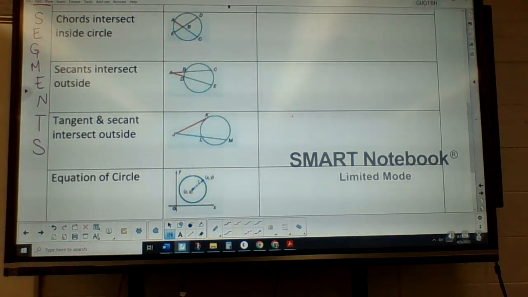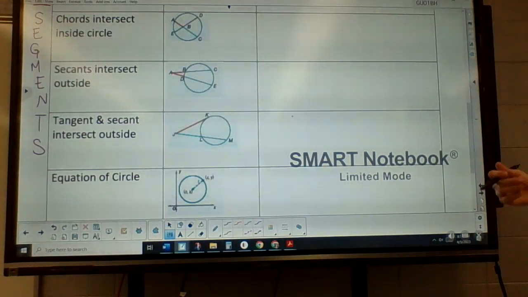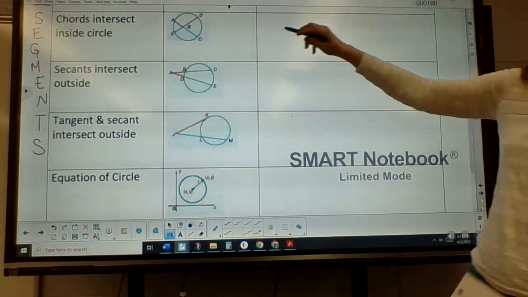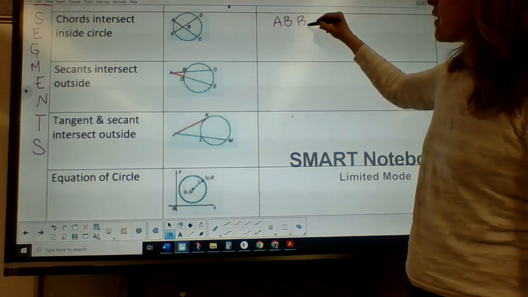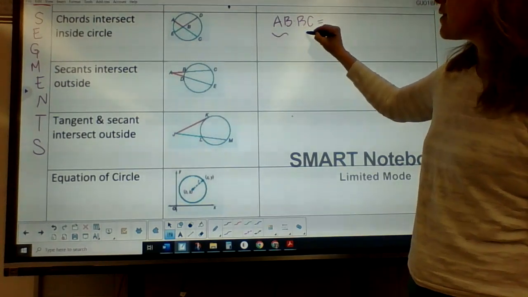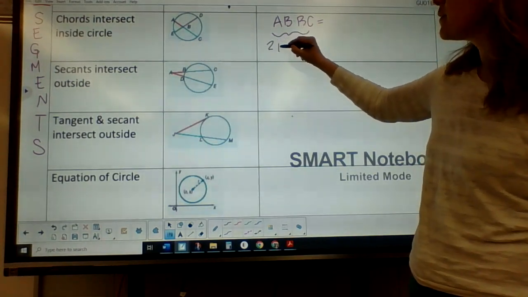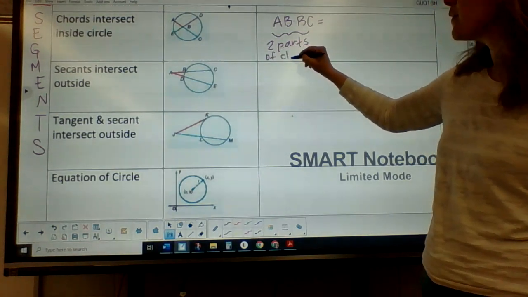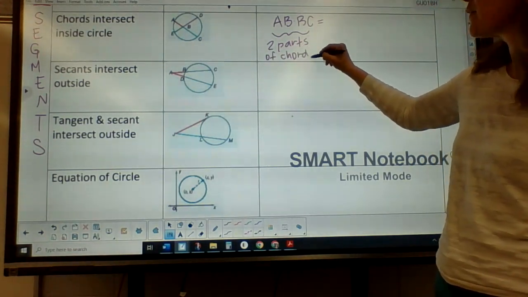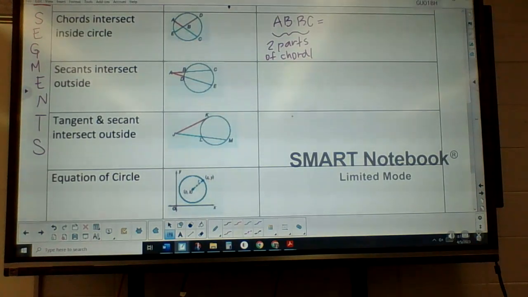So these are all talking about our segment length. And so we talked about this last class. Again, this is nothing new. So the two parts of the chord. So I said two parts of chord one get multiplied together.